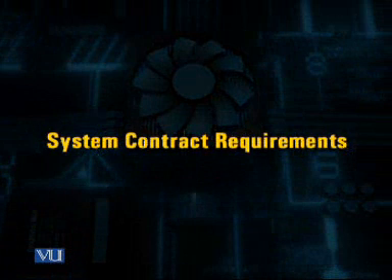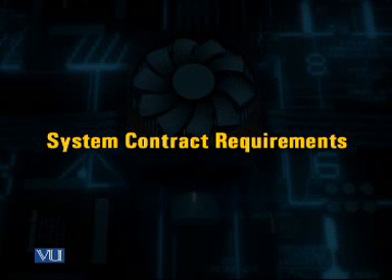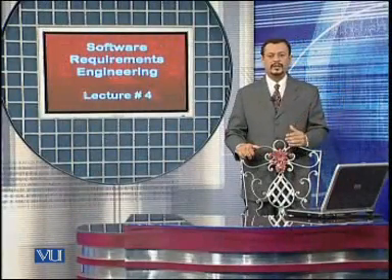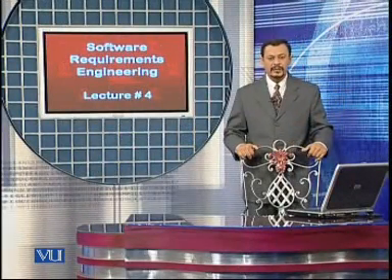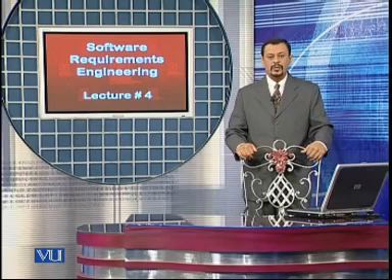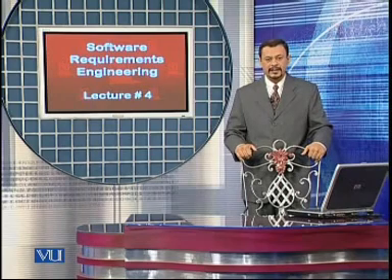Moving on, let's look at the system contract requirements. These are requirements which set out the services and constraints in detail. Compare these to the customer or user requirements, which describe the functional and the non-functional requirements of the software product without giving much detail.